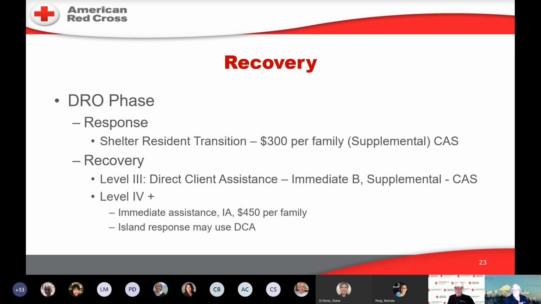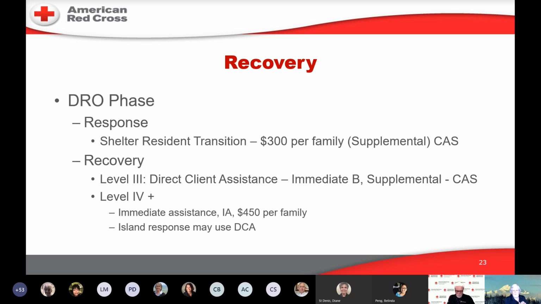Recovery itself, for a level 3 and below, we will do direct client assistance that provides immediate B, which is the $125 per person, plus supplemental, and that comes from the CAS system. Level 4 and above, and I will back up and say there will be times where it can get to a higher level 3.